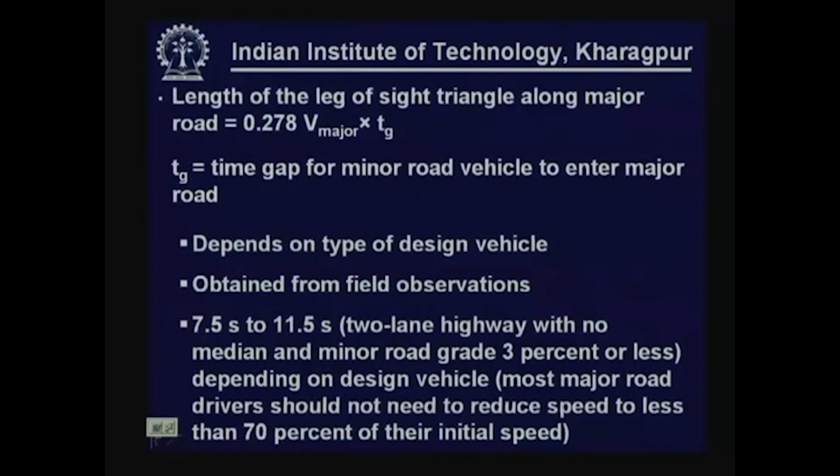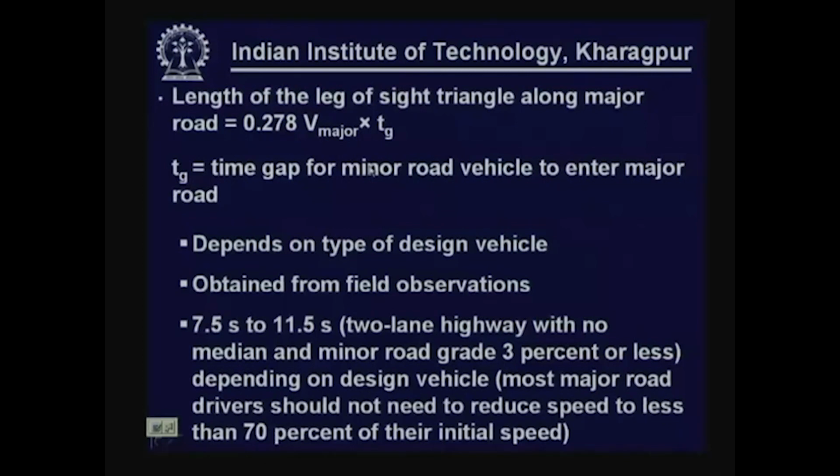That means the vehicle is stopped. So, how much time will it take for the vehicle to accelerate from a stopped position and complete the turn? Now, this 0.278 is the multiplying factor, because we are taking the design speed in kilometer per hour. So, this is the conversion factor.